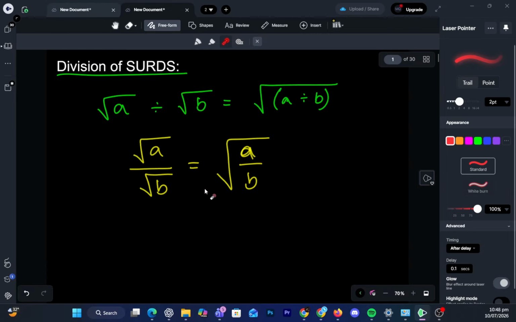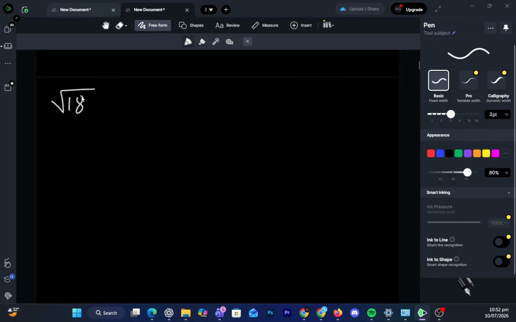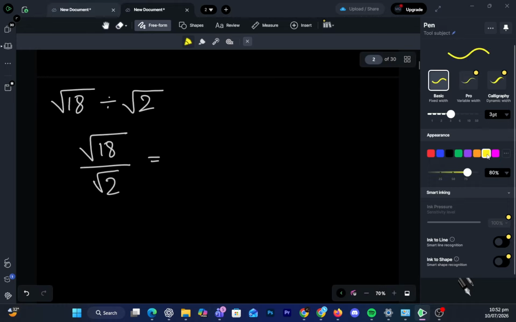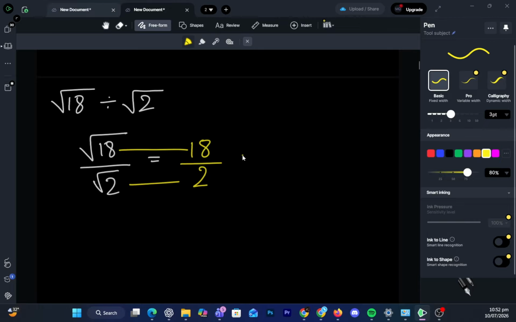Let's look at our first example. We want to simplify under root 18 divided by under root 2. So this can be written as under root 18 over under root 2. Instead of calculating each square root separately, divide the numbers inside the roots. 18 divided by 2 equals 9.